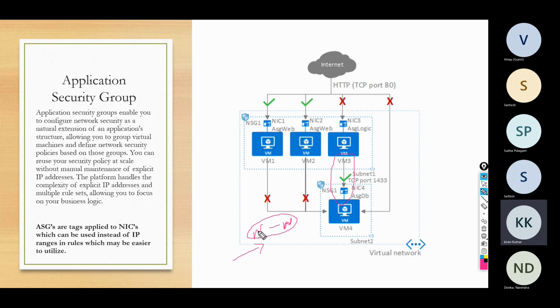First they create that rule. After that they create another rule, from ASG logic as the source and ASG DB as the destination, and port number 1433 is allowed. Totally this is the way they achieve it. Now you got it.